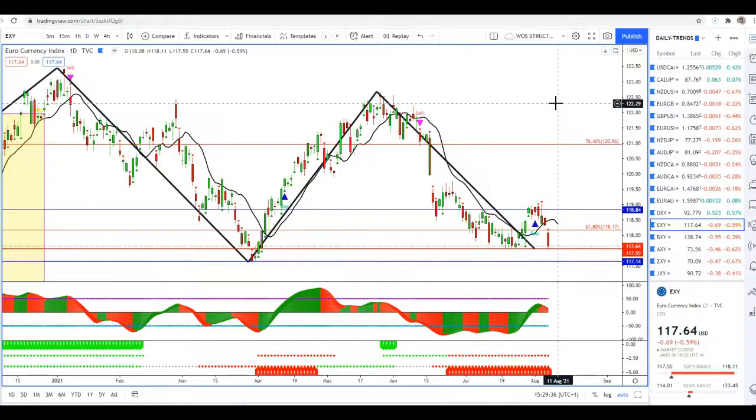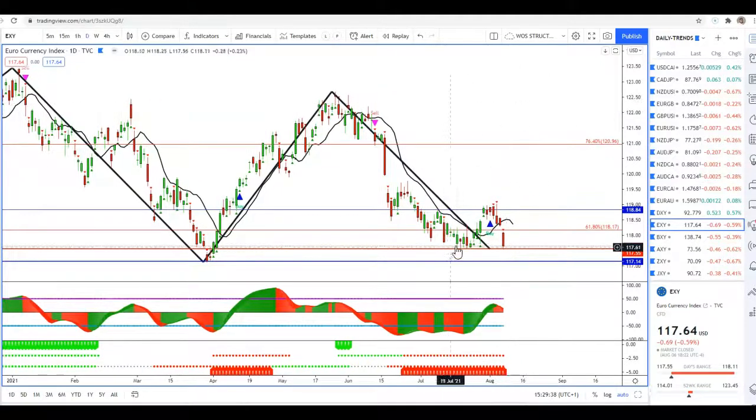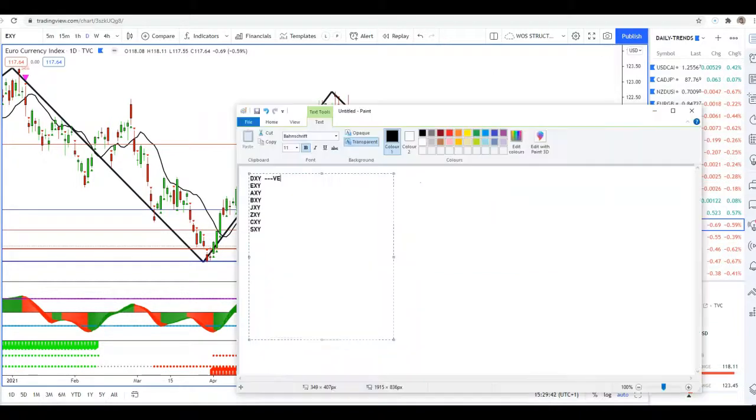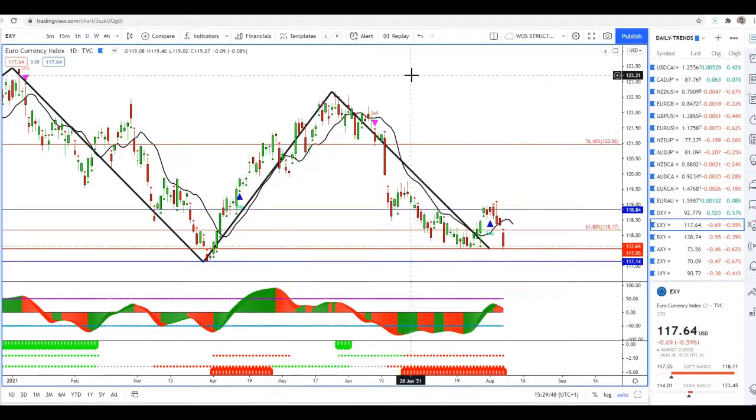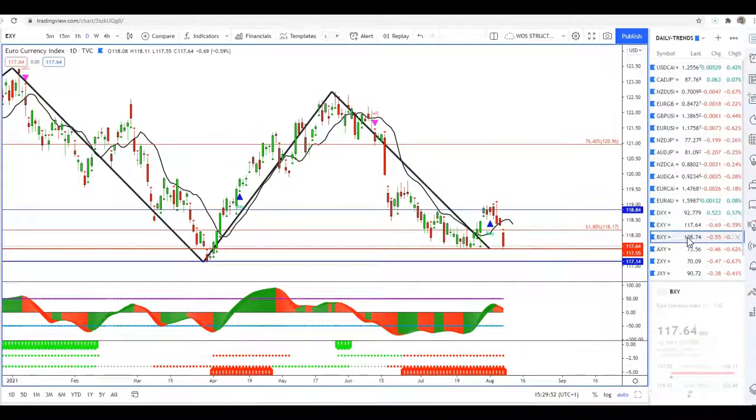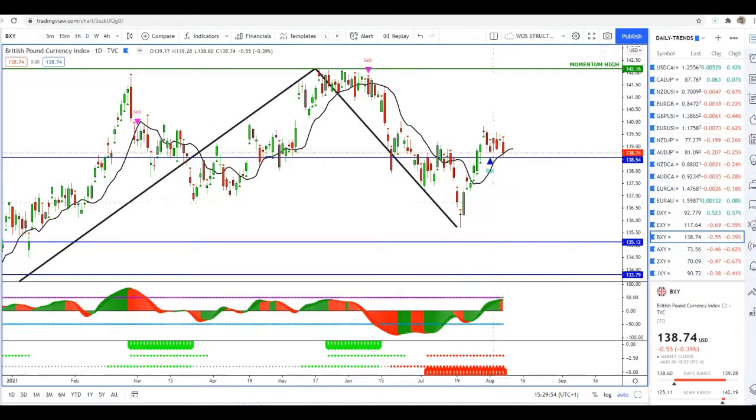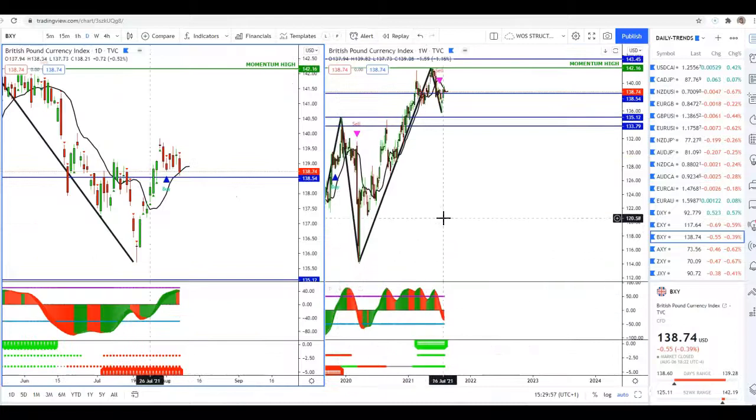So euro is not negative for us, euro is positive, and we will give it 2 positives. Okay, that's the euro US dollar. That's the euro index.